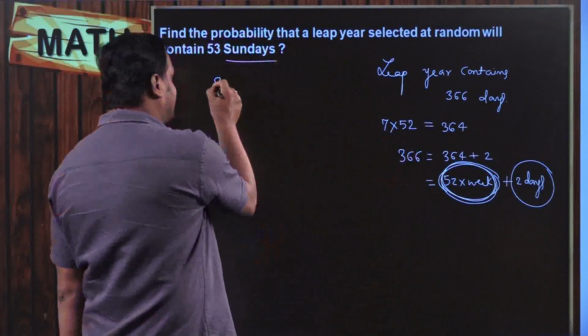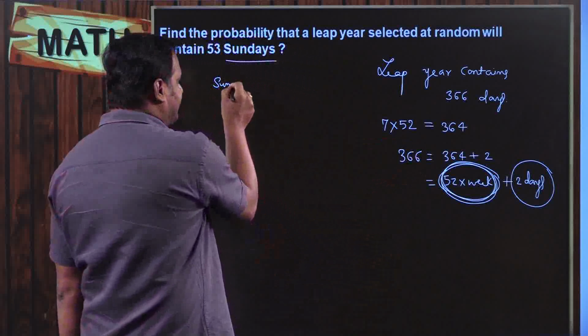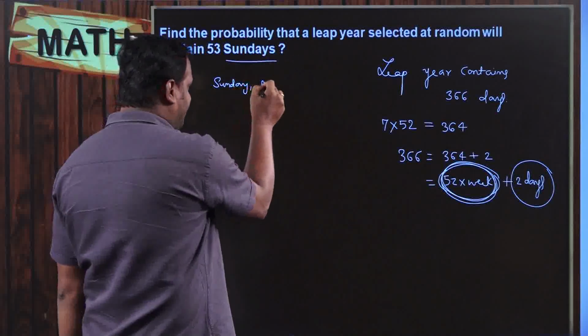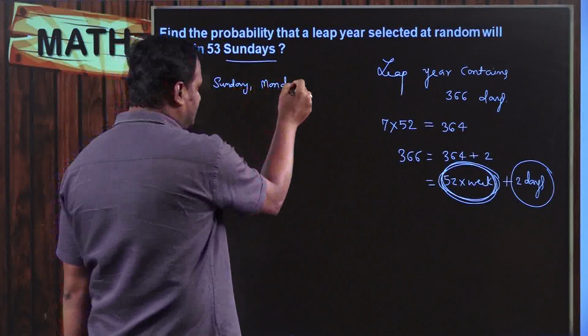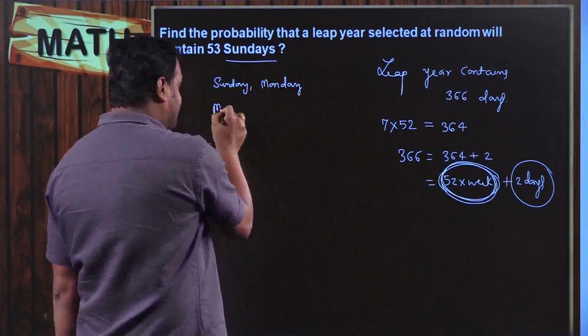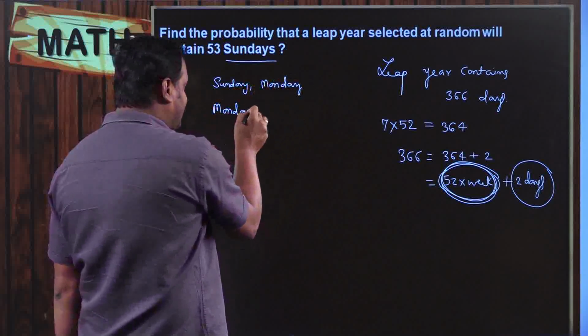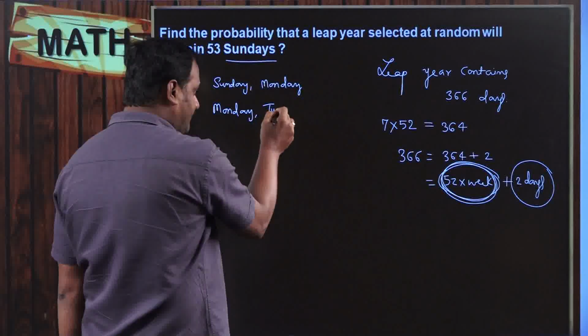The 2 consecutive days, let us start with Sunday, are Sunday as well as Monday. These 2 are consecutive days. Otherwise, Monday and Tuesday.